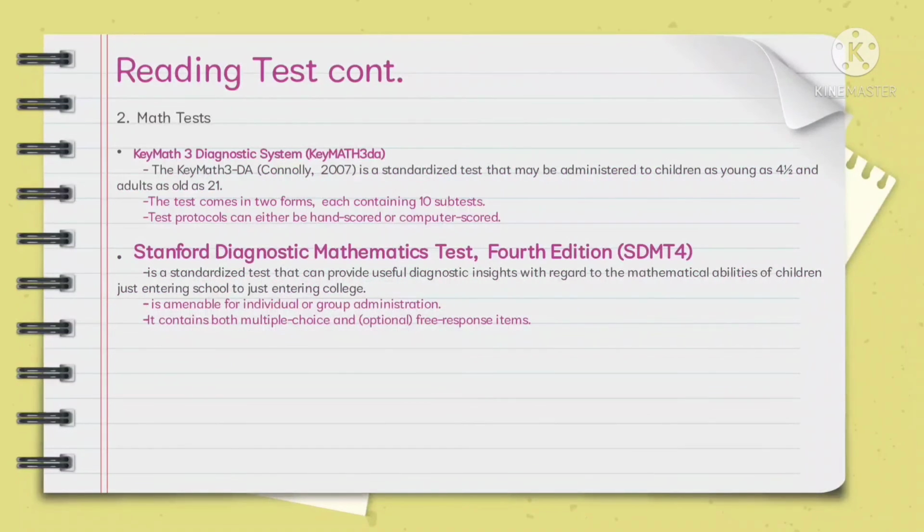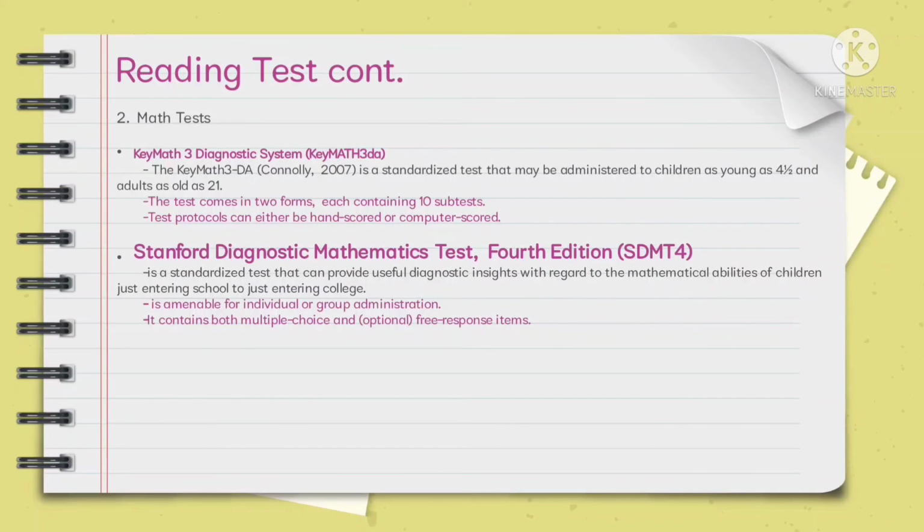Next is the math test. The Stanford Diagnostic Mathematics Test 4th edition and the KeyMath 3 Diagnostic Assessment, or the KeyMath 3 DA, are two of many tests that have been developed to help diagnose difficulties with arithmetic and mathematical concepts.